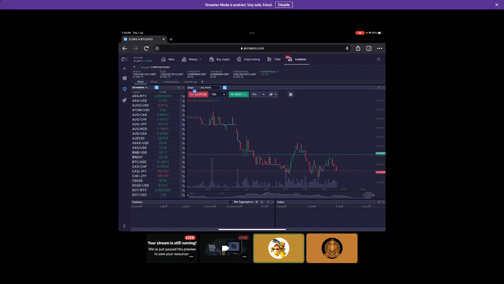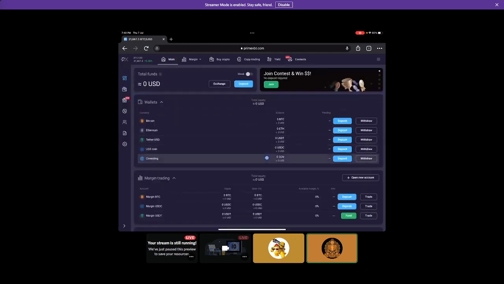So basically, if you're just starting, maybe put a small amount of money in your margin and then just get used to it. Yeah. So what you can do, as Manny said, is you can leave a portion of money in your wallet section and only deposit, say, 25% or 50% into your margin account.